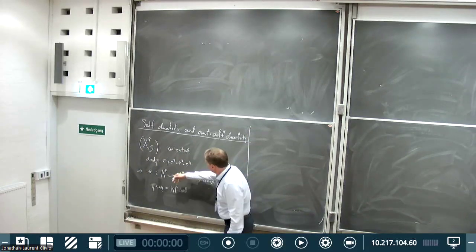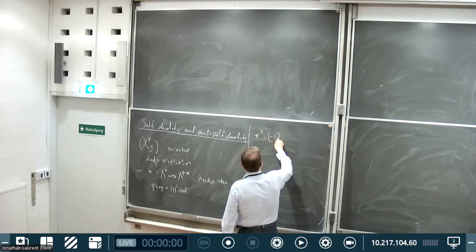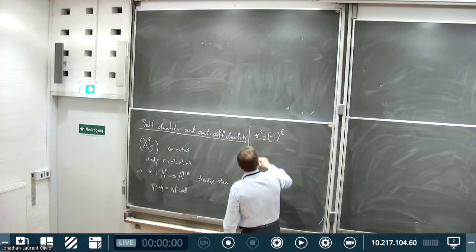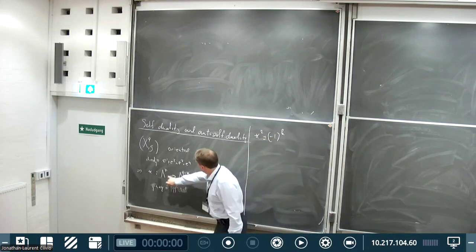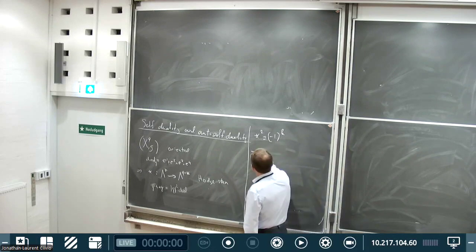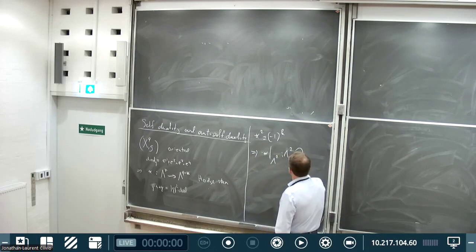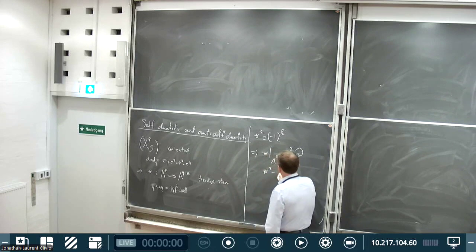And in dimension 4, it has a property that star squared tells you the parity of the form, plus or minus. In particular, the Hodge star restricted to two-forms has square 1.